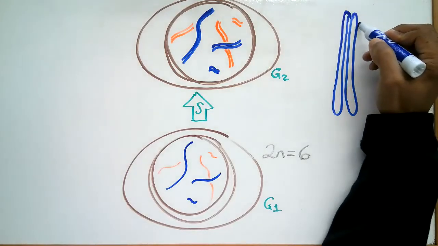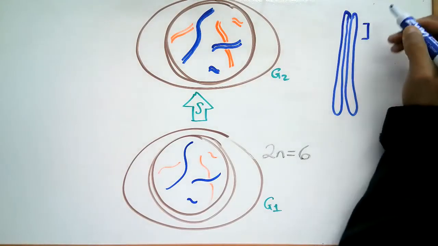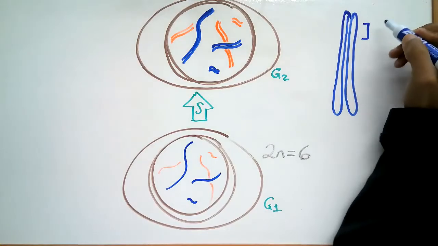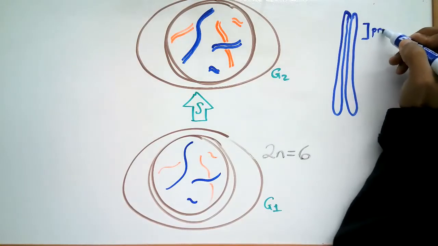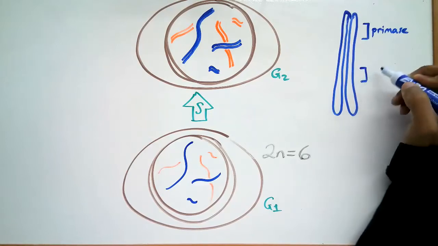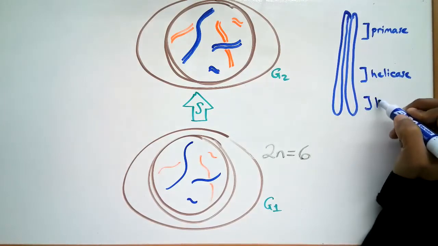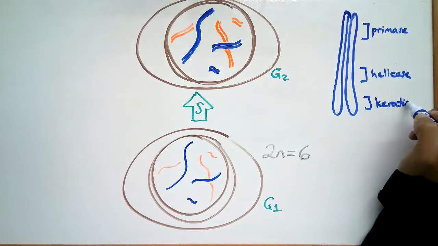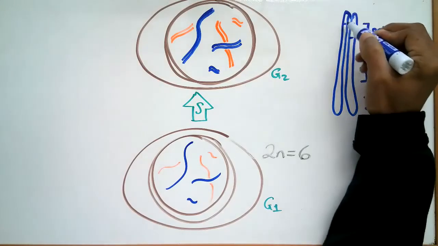But let's say that here is where you have the genes for, let's say, primase, and maybe here is going to be helicase, and down here is keratin. That's where the genes are located.